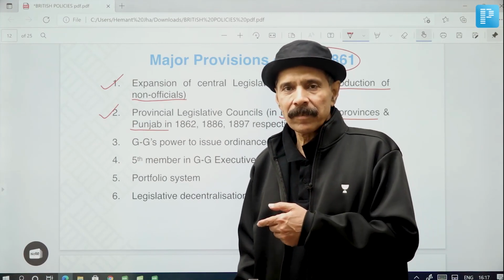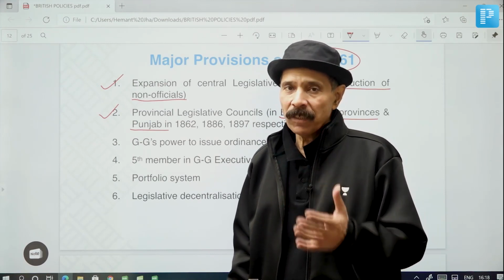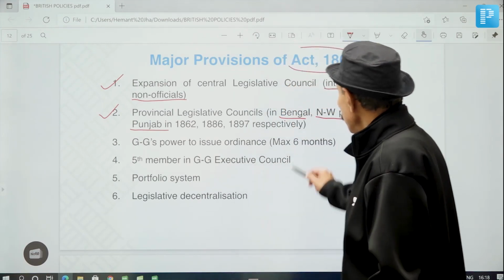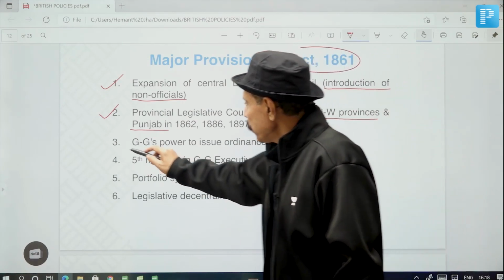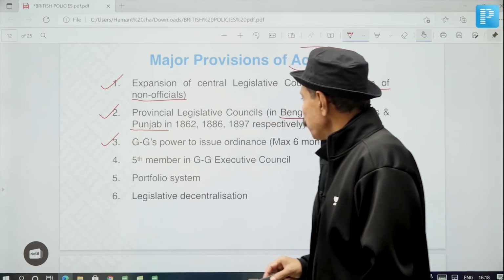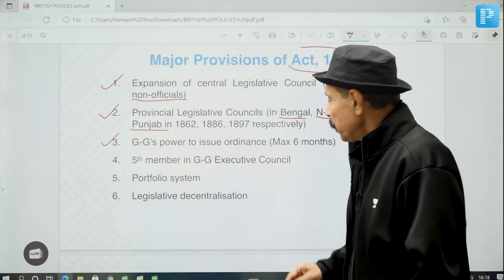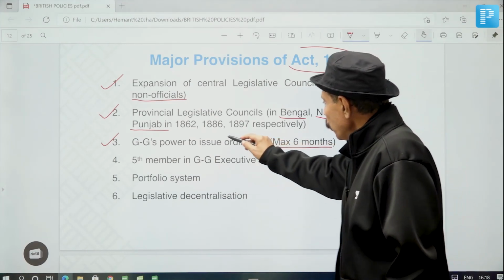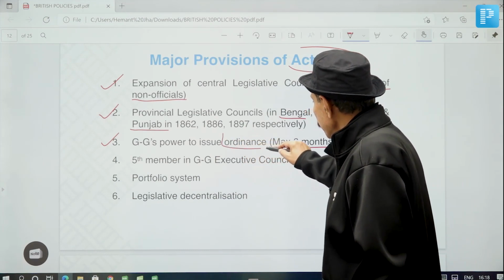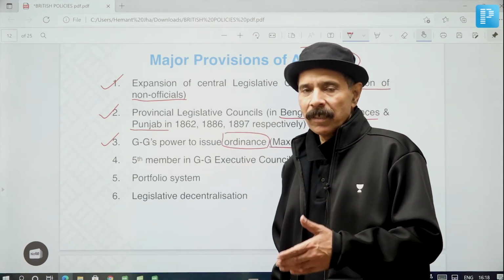This act had provision to establish legislature at provincial levels also, and in three: Bengal, Northwest provinces, and Punjab. Third is Governor General's power to issue ordinance. And this ordinance remained valid maximum for 6 months. An ordinance refers to making law directly by bypassing the legislature.